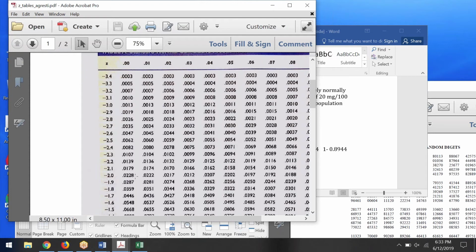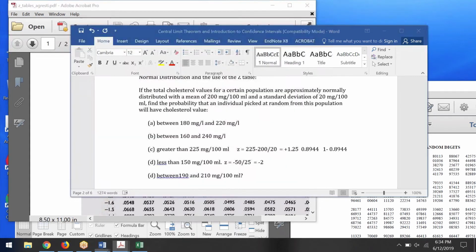So the empirical rule is really an approximation. It doesn't give you the exact value, but it gives you a rough value that's useful when you want to do some quick calculations or make some casual judgments. In reality, the probability of selecting someone who has a cholesterol level below 150 is 0.228, or 2.28% of the time.